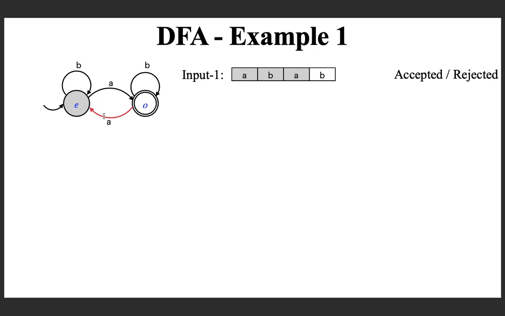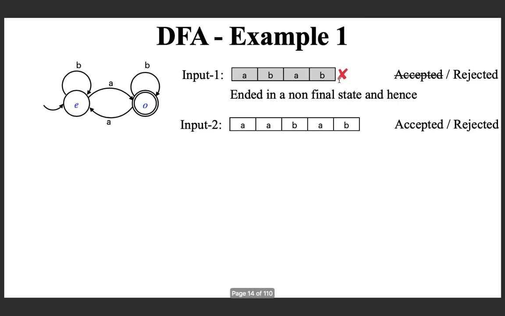Now what is the next input symbol? It is B. If you process it, you are going to take this transition and you are finishing your processing in a non-final state. So you can say that the processing ended in a non-final state and hence the input string is rejected.